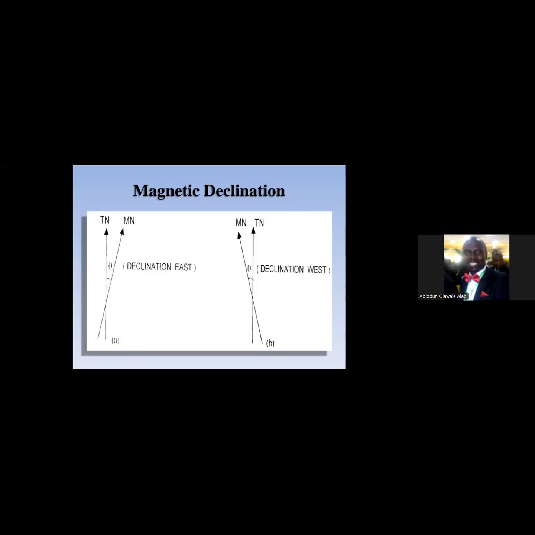Okay, so what I want to bring out from this: don't forget we are saying true bearing, magnetic bearing. True bearing is in reference to the true north. The magnetic bearing is in reference to the magnetic north.